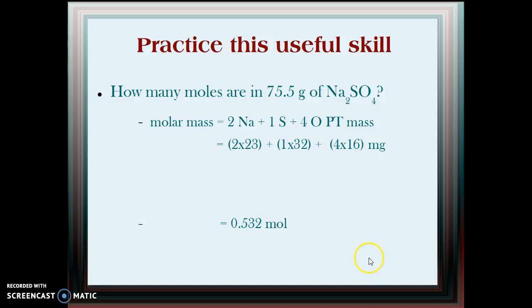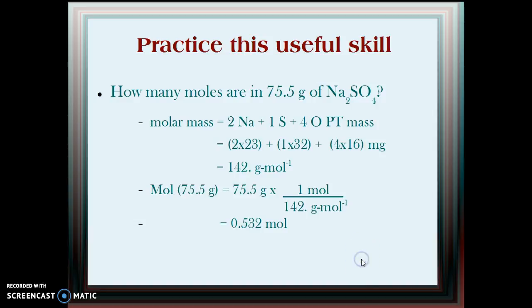But now we're in grams. So 142 grams per mole. And the number of moles then is the given 75.5 grams times the conversion factor 1 mole over 142 grams per mole, or 0.532 moles.